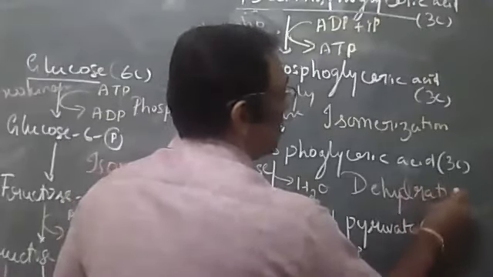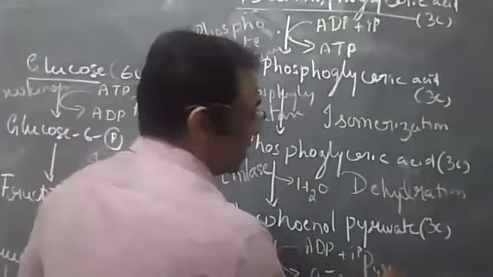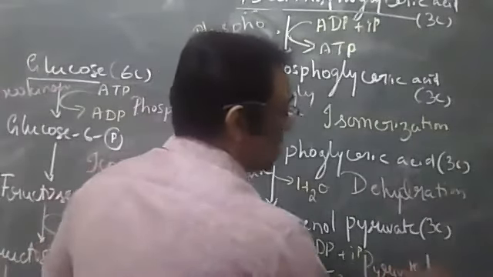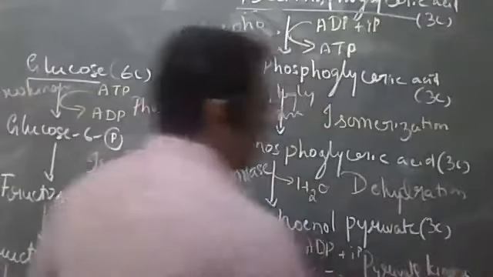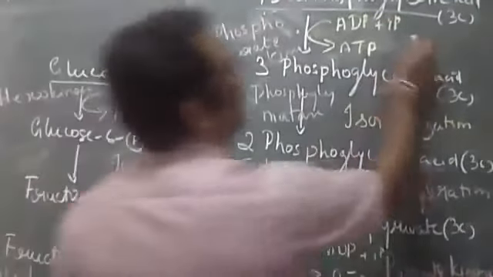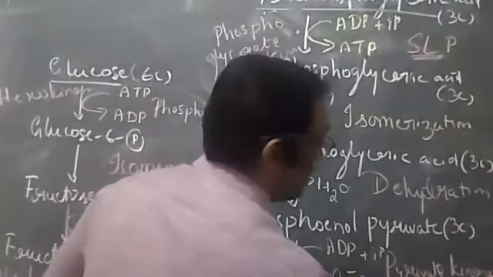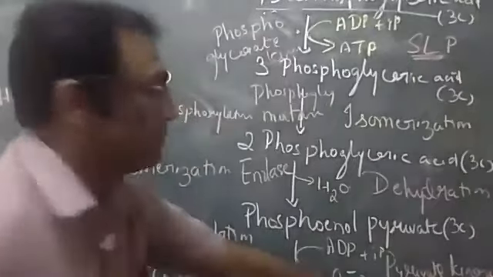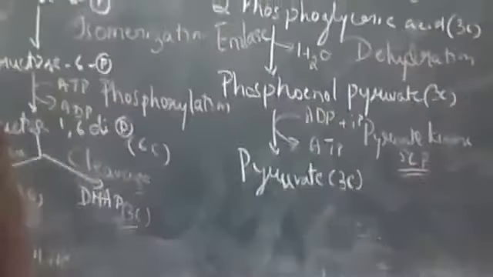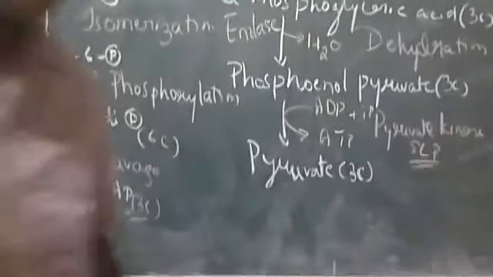Did you all understand? Pyruvate kinase. Which is substrate level phosphorylation in these? 1,3-diphosphoglyceric acid to 3-phosphoglyceric acid, and the last one. Substrate level phosphorylation. Now, what is our topic?